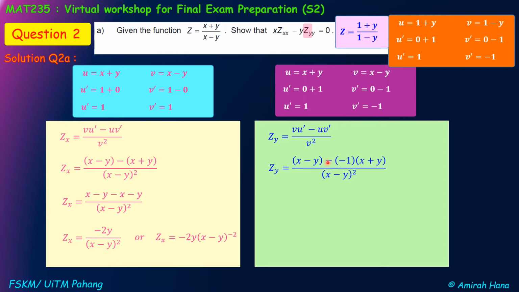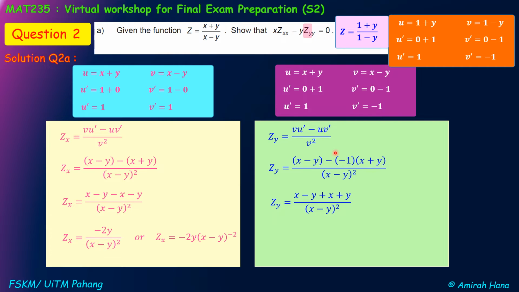Then we have a negative sign here and then times negative 1. So we have zy equals x minus y, this sign now equals a positive sign, and then x plus y.